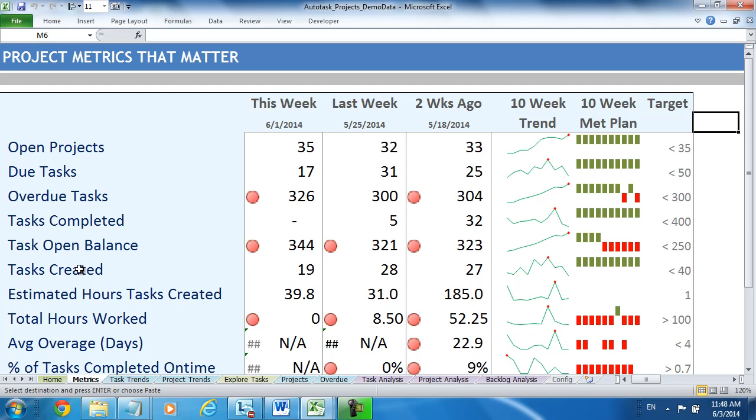So you want to keep the average days, the average overage, under a certain percentage. You want to have certain tasks completed on time, but you also want to make sure that there isn't a certain week where you have a ton of tasks that are being performed. You want to be able to look at that data and understand it and see how you were performing against your goals.